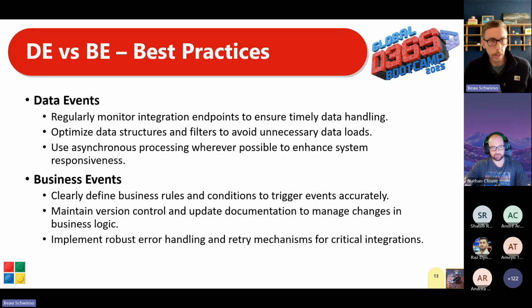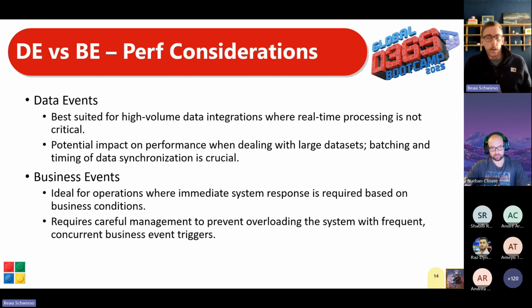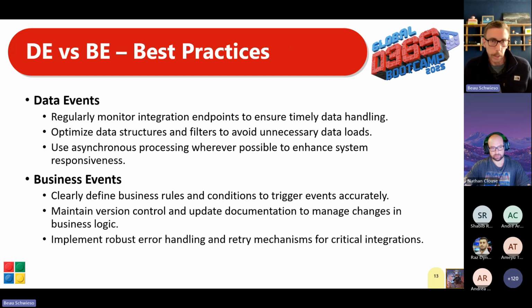Data events are events that are required for timely data handling. So you typically use that to avoid unnecessary data loads, or when you're going to be using it for data structures that are, again, close to the metal. Data events you're typically using for asynchronous processing.